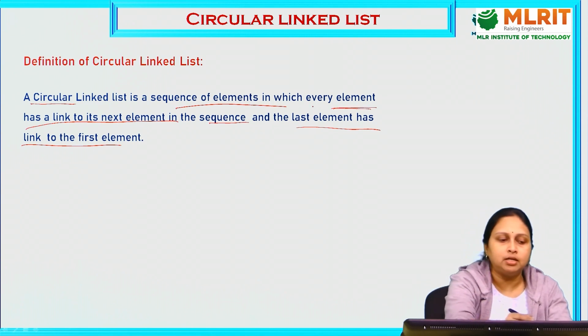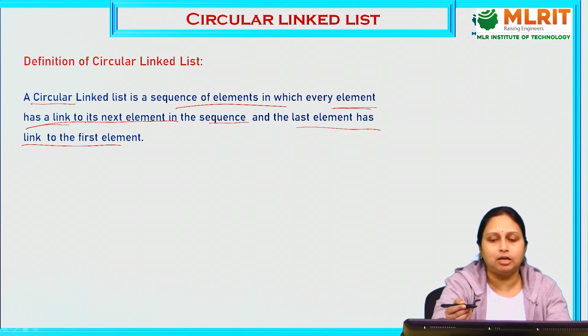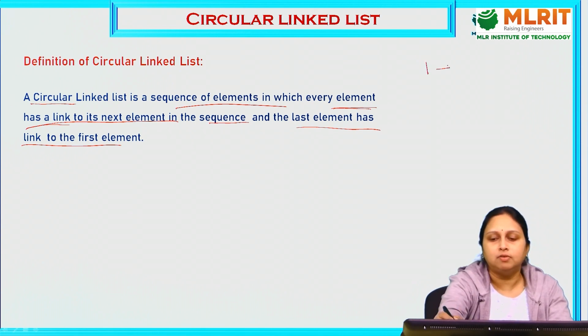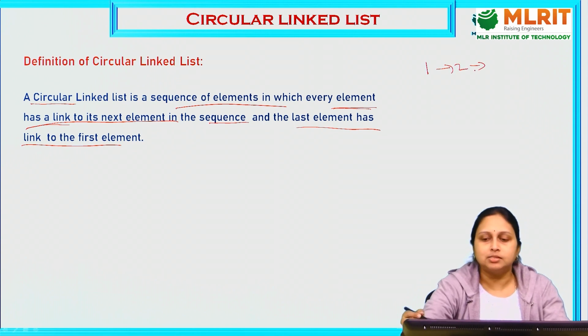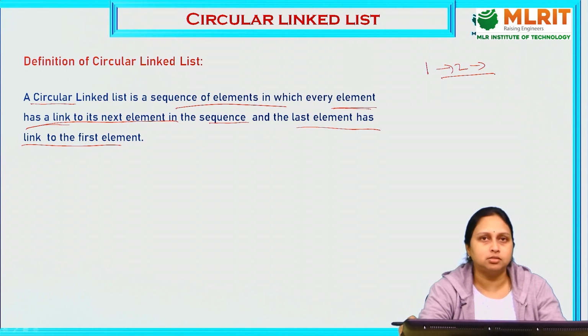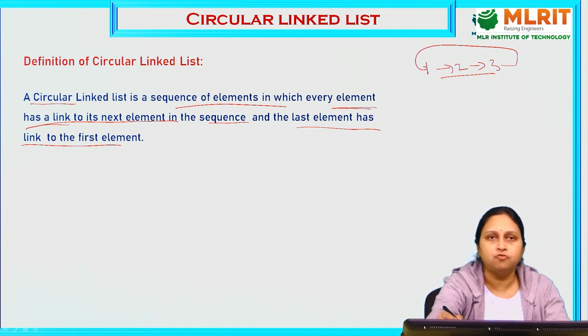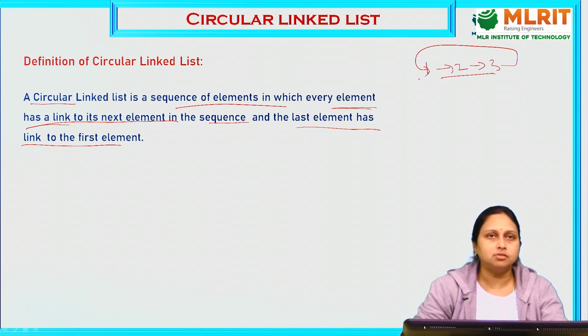Every element has a link to the next element. If I have one element, it will have another element as a link in a particular sequence, and the last element has a link to the first element. This is a circular fashion, right? This is a circular linked list.